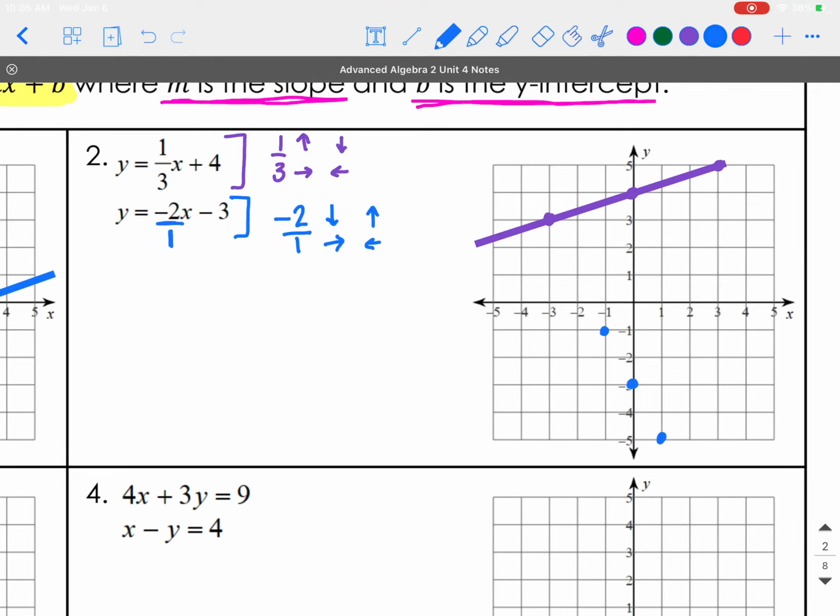And keep this going until you actually hit that intersecting point. That helps you be more precise and make sure that you did it correctly. If you don't get a point where they intersect, then you didn't do it correctly. And so this point is the point -3, 3.